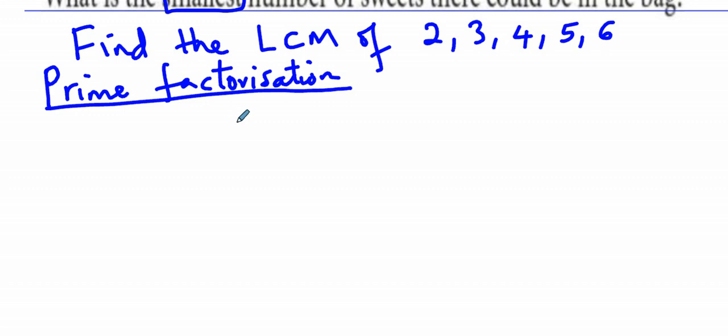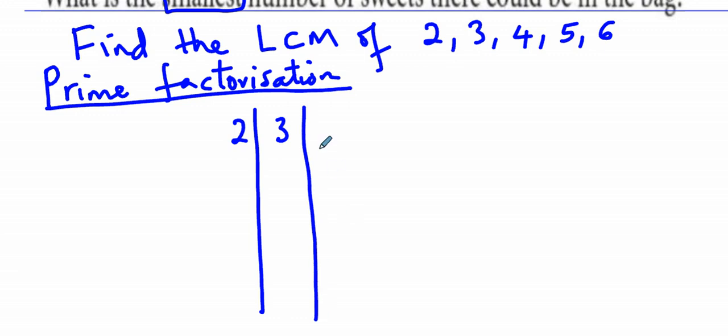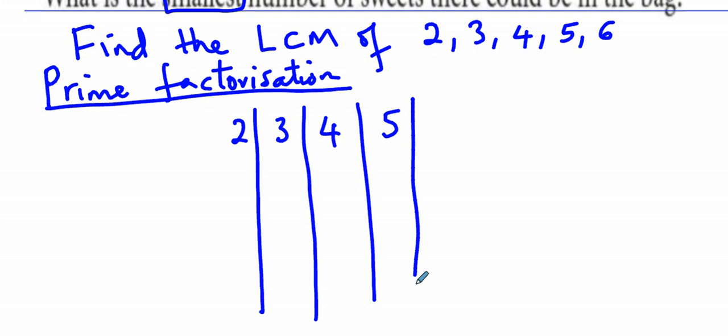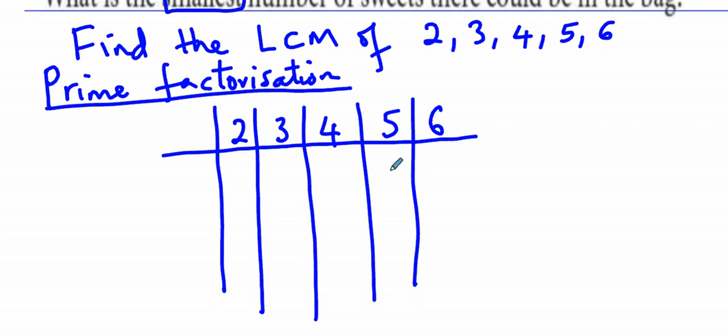So you put all the numbers over here, 2, make a boundary, 3, make a boundary, 4, 5, and 6. And then you start looking for the smallest possible prime numbers.